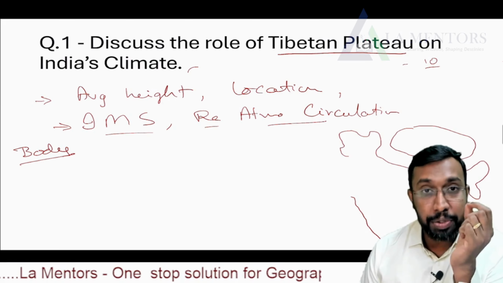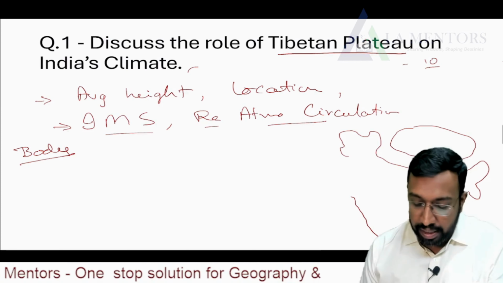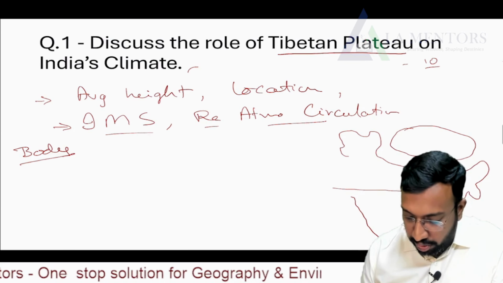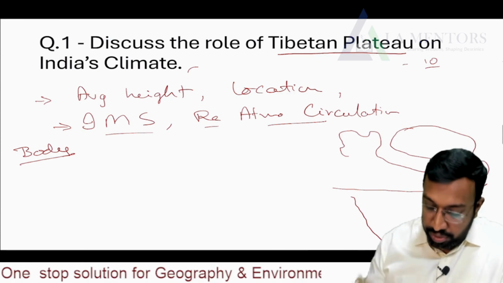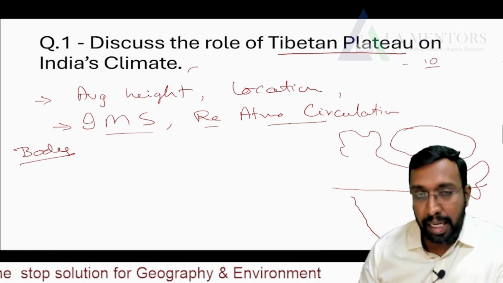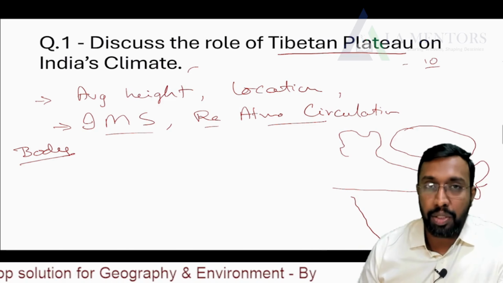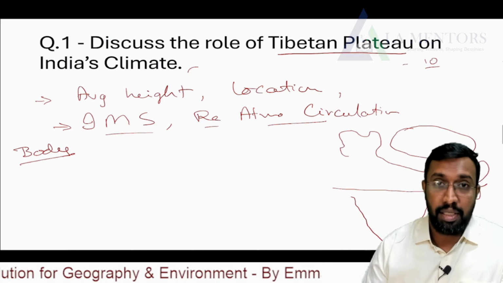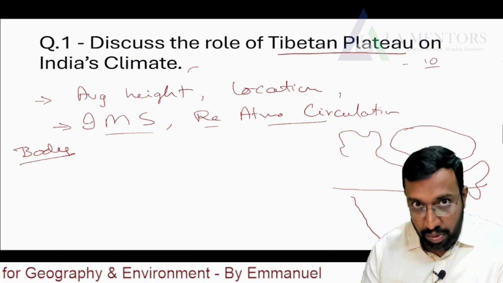And specifically during summer months, if you can recollect the geographical concept, you have your Tropic of Cancer somewhere across this region. The sun will be having its vertical insolation across Tropic of Cancer by June 21st. So this northern hemisphere region receives almost vertical sun rays, making sure there is a greater amount of heat absorbed by the land across the region.